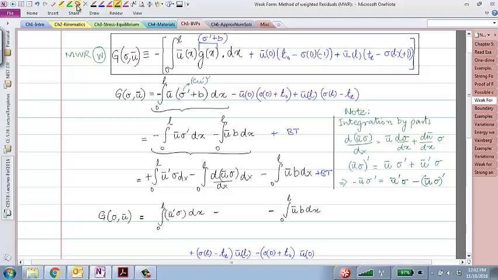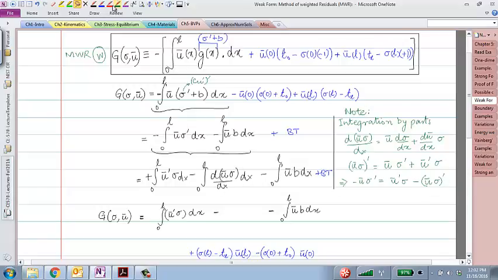Now you see this term, minus u bar sigma prime. That's the same term that occurs here, minus u bar sigma prime, and that's the term that I've isolated here. So I can rewrite that term in this form, where minus u bar sigma prime becomes u bar prime sigma minus d of (u bar sigma)/dx.